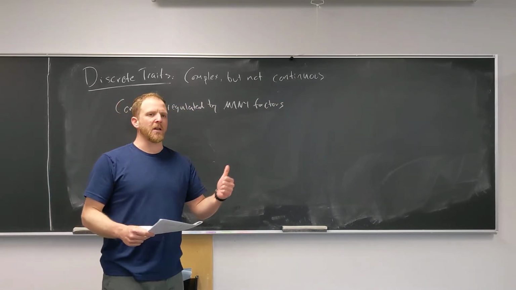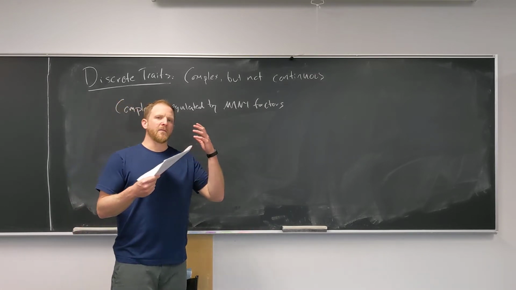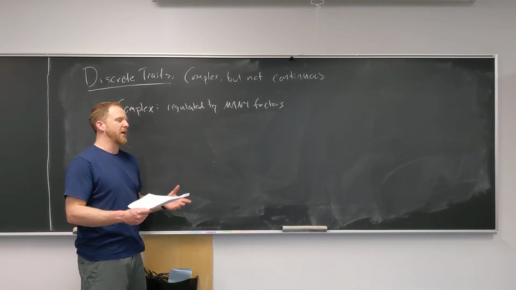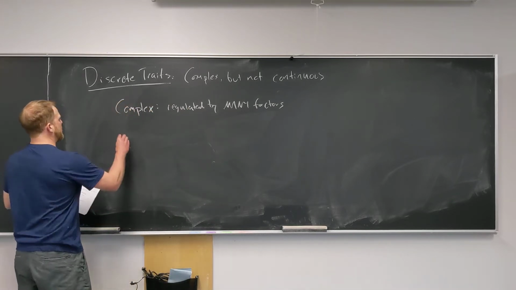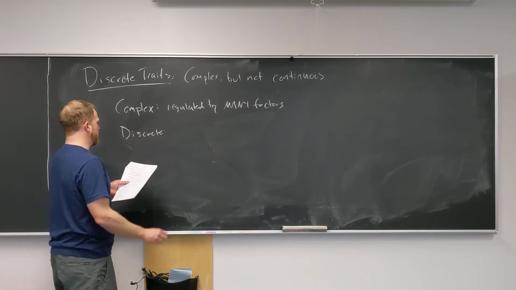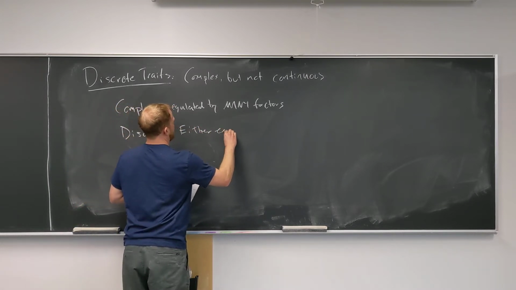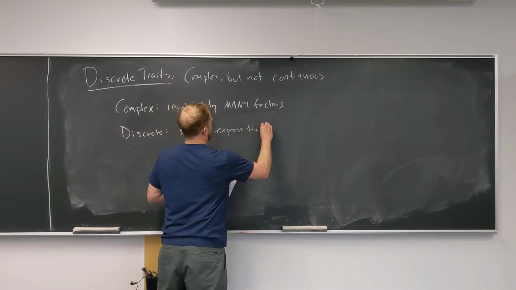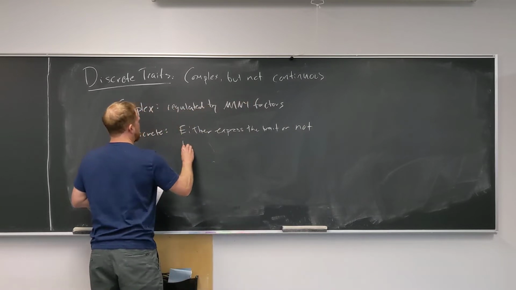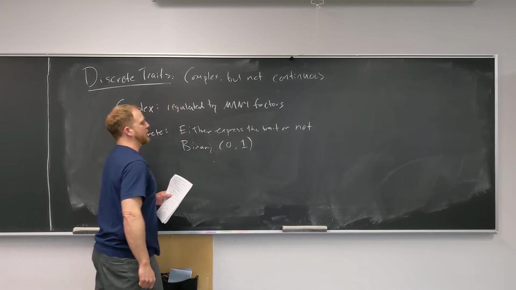They're regulated by multiple genes, possibly multiple alleles of multiple genes, by the environment, and by an interaction between the environment and the genes. So they're still very complex in the way they're regulated. However, they're discrete in that you either express the trait or not. You can think of these as binary, 0 or 1.